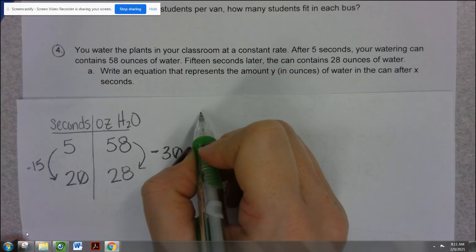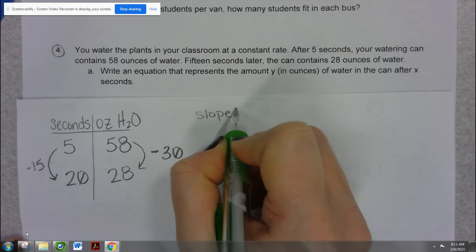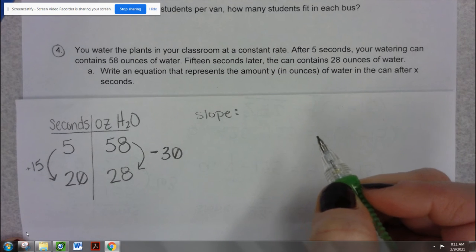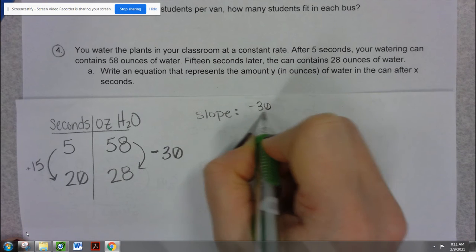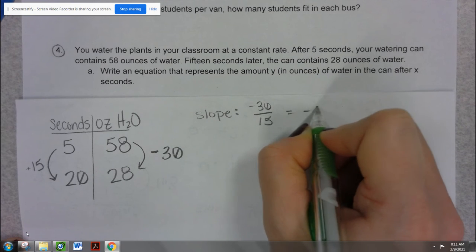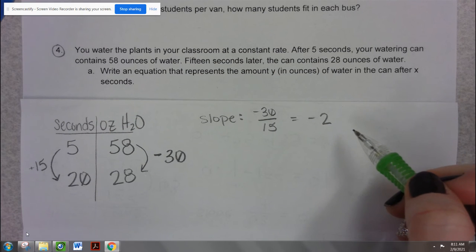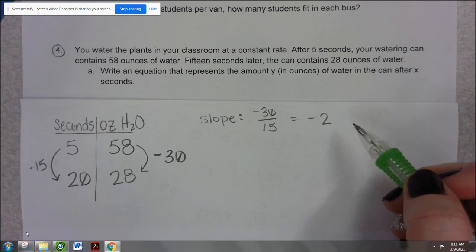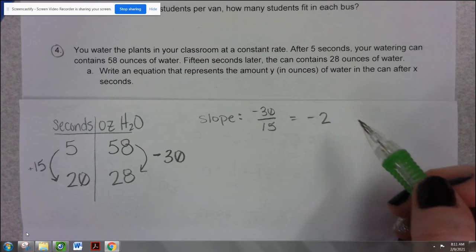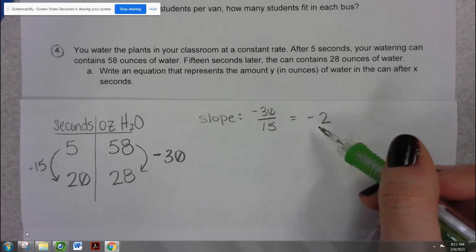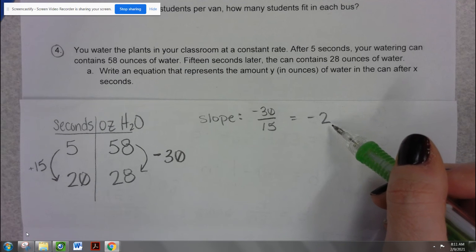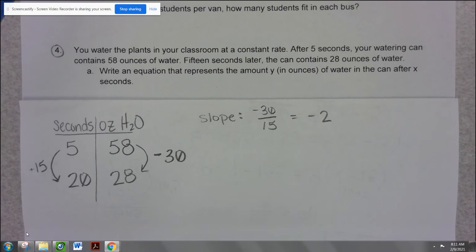So if I'm looking at our slope, or the number of ounces per second, it's negative 30 divided by 15, which gives me negative 2. Now, if it's asking for what your slope means in context, that means our watering can is decreasing by 2 ounces of water per 1 second.